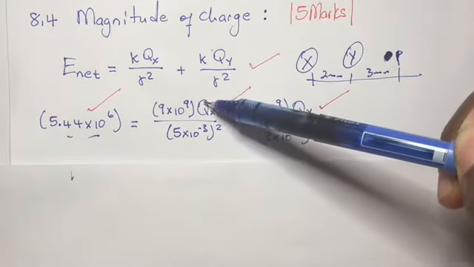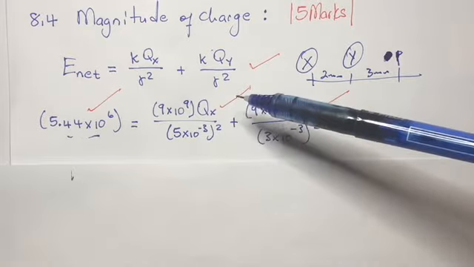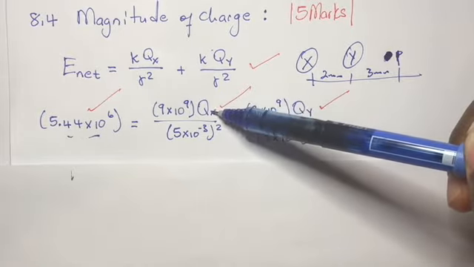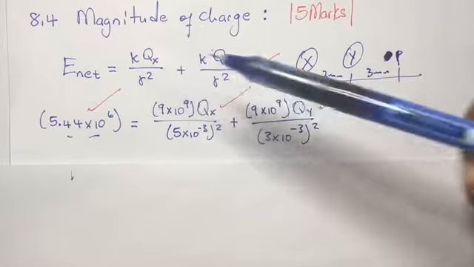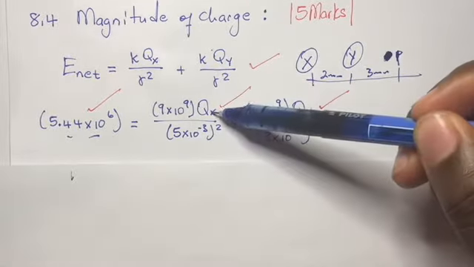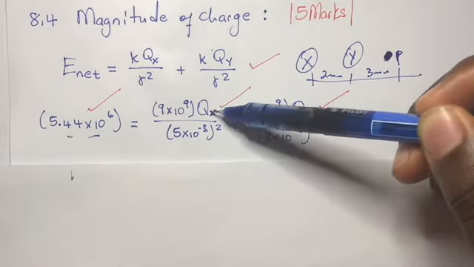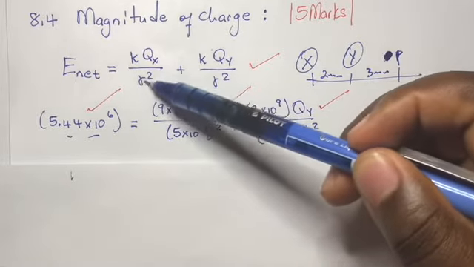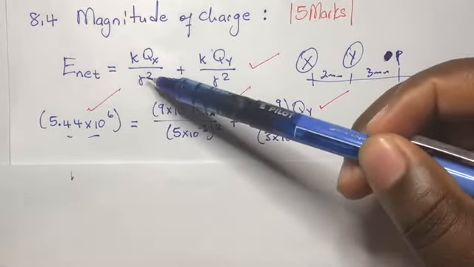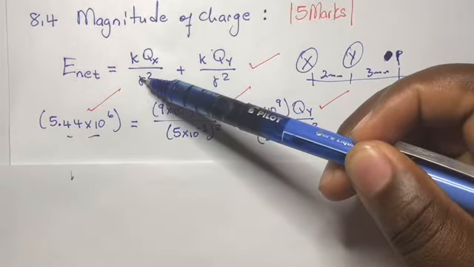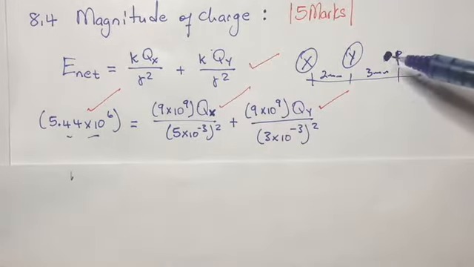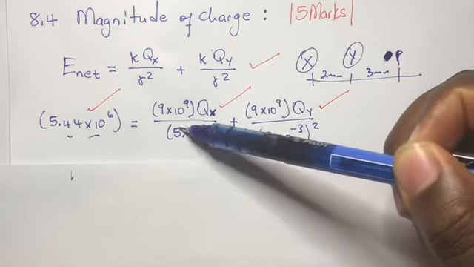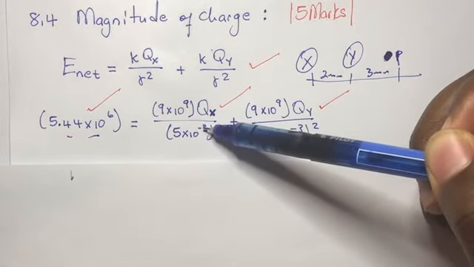And then you're calculating the charge. So this is the charge of X. The reason why I made it charge of X is so that we bear in mind that when we substitute the distance, it is the distance from charge X to this point. So that's why I've got 5 by 10 to the power minus 3.